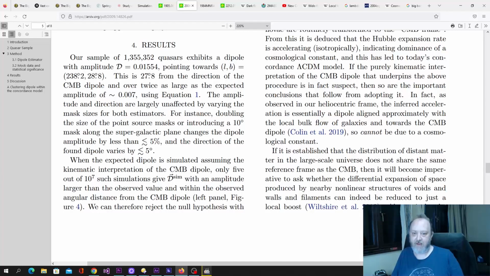In fact, as observed in our heliocentric frame, the acceleration is essentially a dipole aligned approximately with the local bulk of galaxies and towards the CMB dipole, so it cannot be due to a cosmological constant.